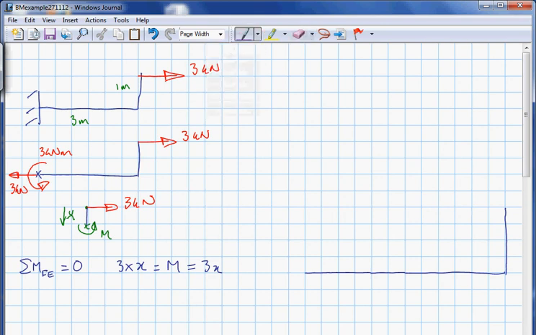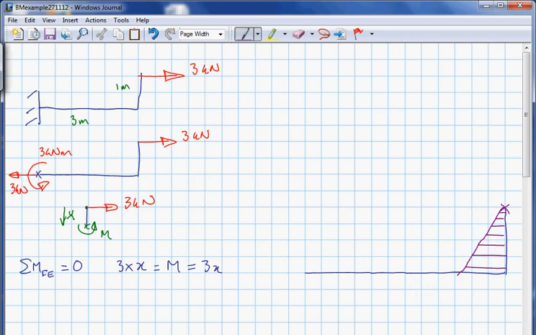When x is 0, m is 0, so that's 0 here, and it goes up to positive 3, and we're showing m positive to the left, as it shows here, so m just gets bigger and bigger, up to a value of 3. Sometimes people shade this in, like that.